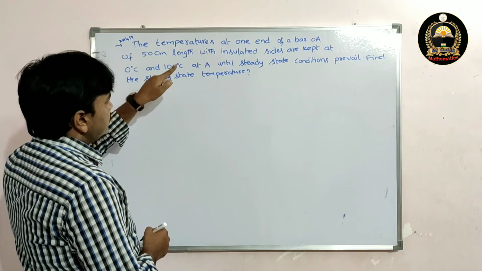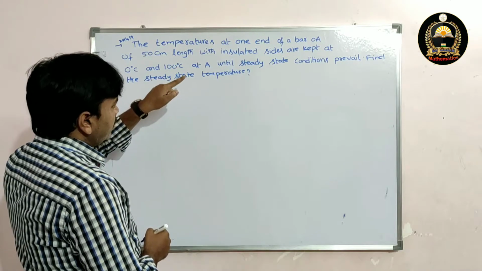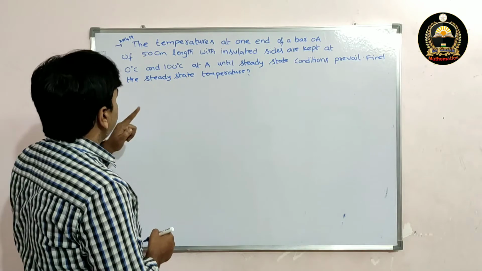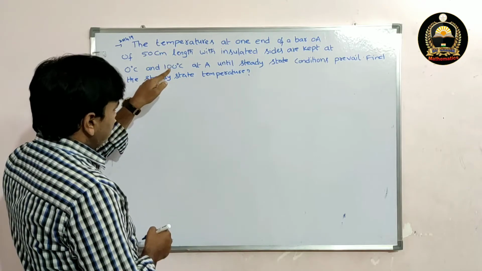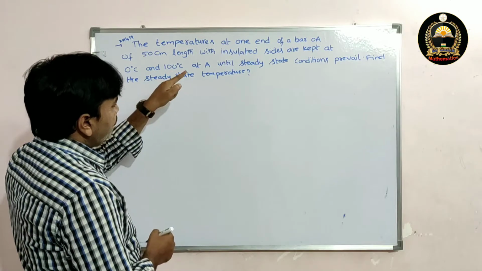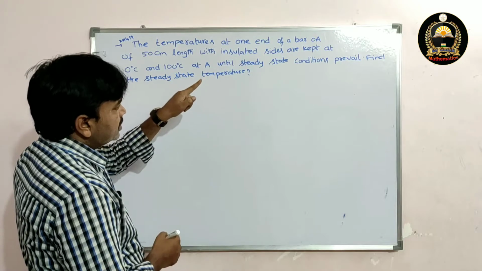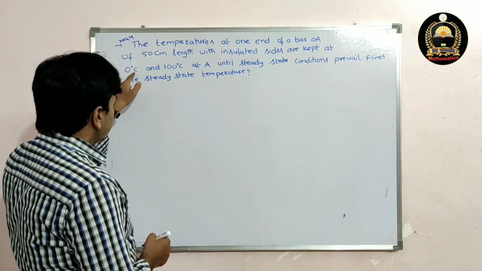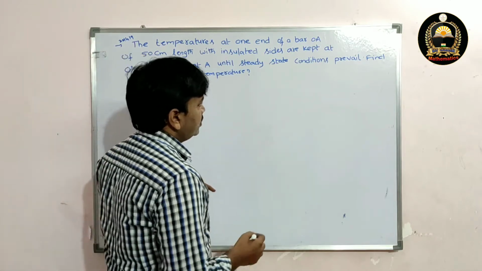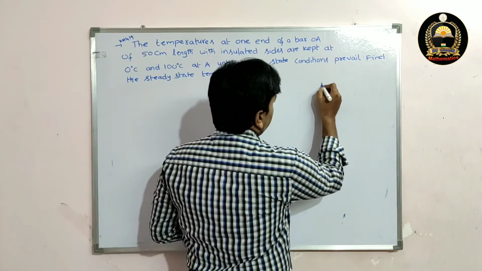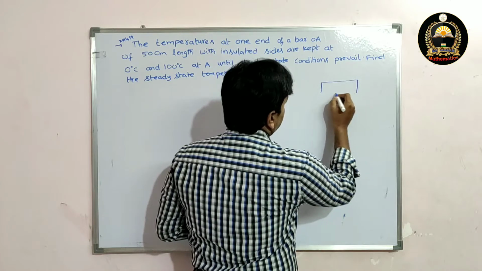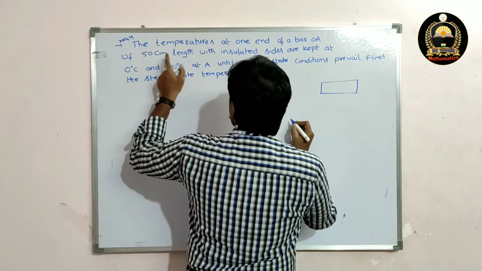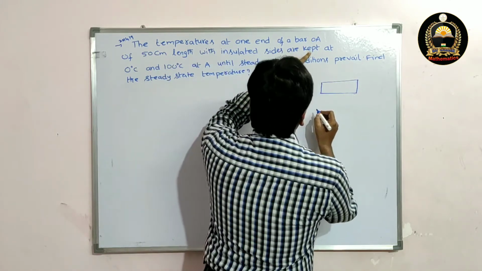The temperatures at one end of a bar OA of 50 centimeters length with insulated sides are kept at 0 degree centigrade and 100 degree centigrade. Students, there is a bar OA.